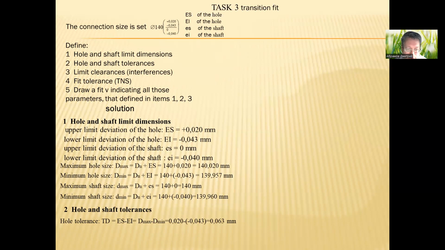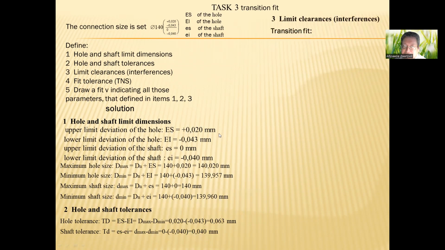It's equal to 0.02 minus minus 0.043 millimeters, and we have 0.063 millimeters. Shaft tolerance, small td, is equal to the upper limit deviation of the shaft minus the lower limit deviation of the shaft. 0 minus minus 0.040, and we have 0.040 millimeters.